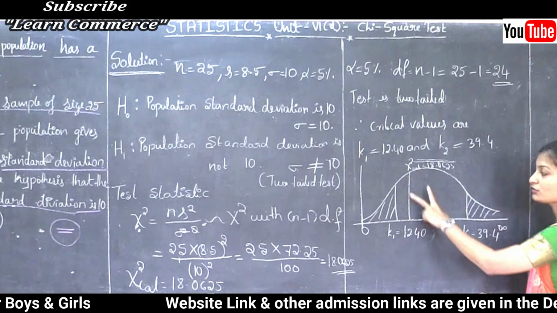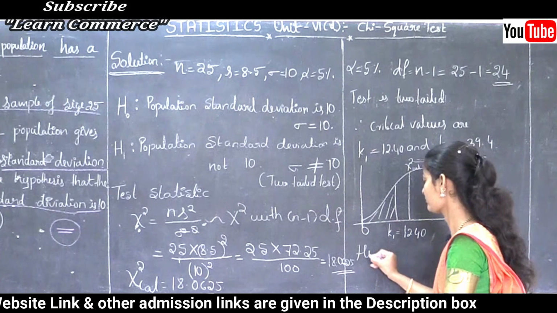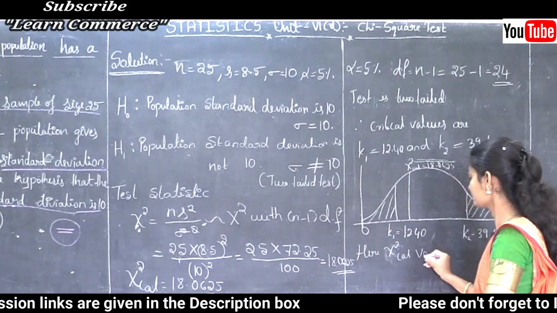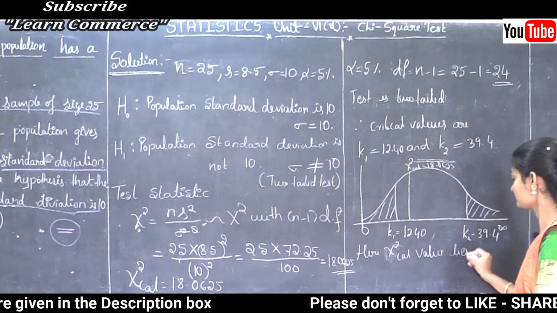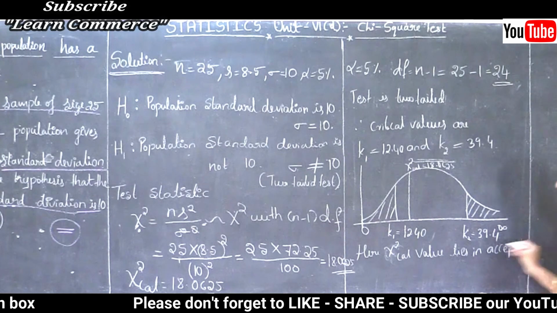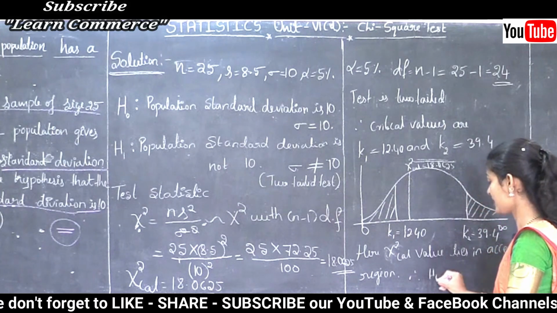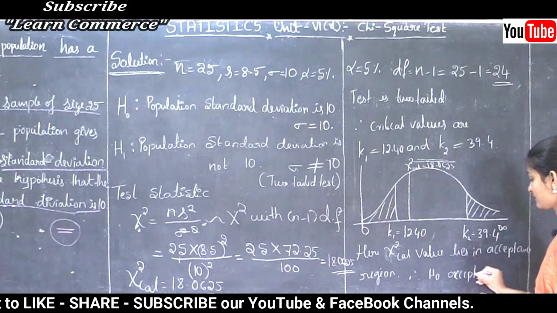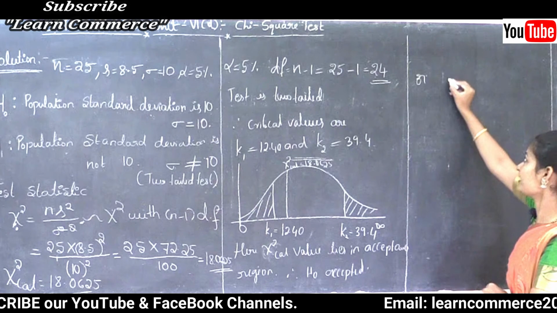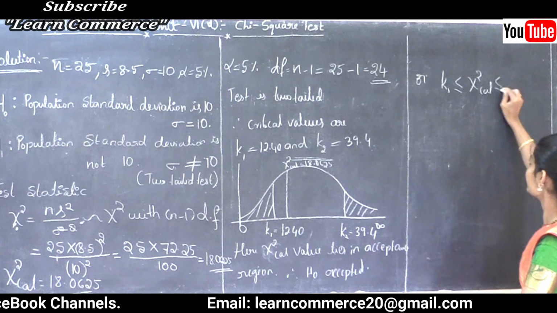Here the calculated value lies in the acceptance region, therefore H naught is accepted. Or one more condition: since this is a two-tailed test, the condition is K1 less than or equal to calculated value less than or equal to K2.